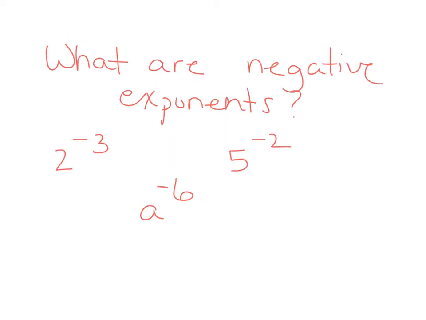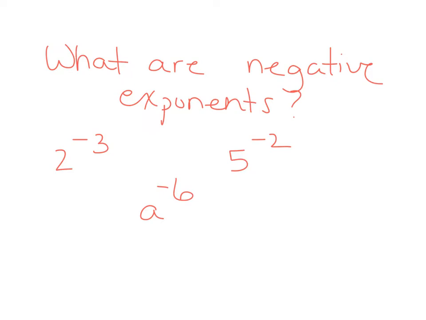So the first thing we have to address is what are negative exponents? I gave you 3 examples here: 2 to the negative third, 5 to the negative second, and 8 to the negative sixth. The first thing I'm going to tell you is negative exponents really have nothing to do with negatives. In other words, 2 to the negative third is not negative 8, 5 to the negative second is not negative 25.